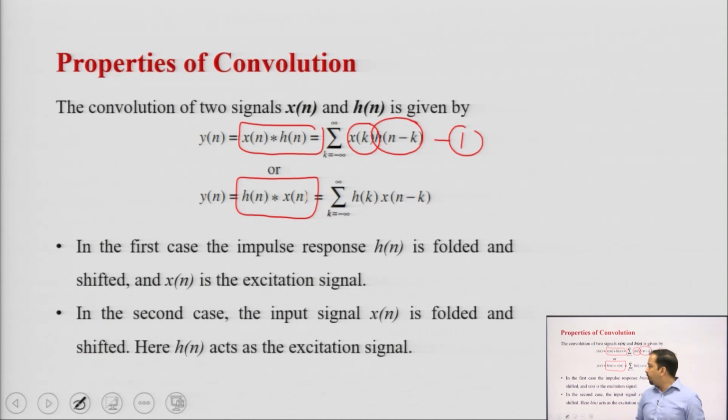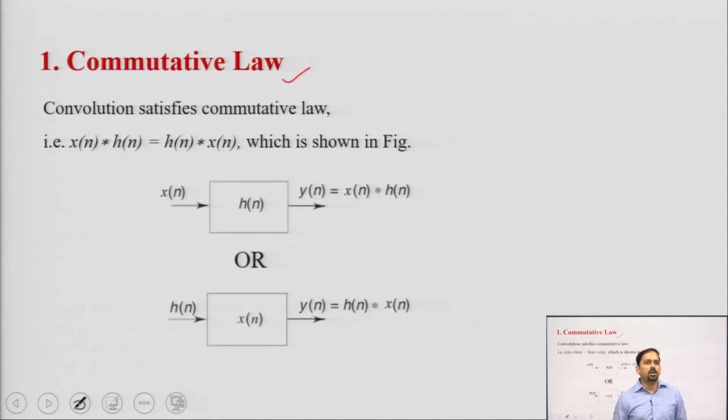So we go for equation number 2: if this is a typical signal, we just perform h of k, and if this is an easy signal, we just perform x of n minus k. Depending upon our flexibility, we can interchange x of k and h of k. That is called the commutative law.